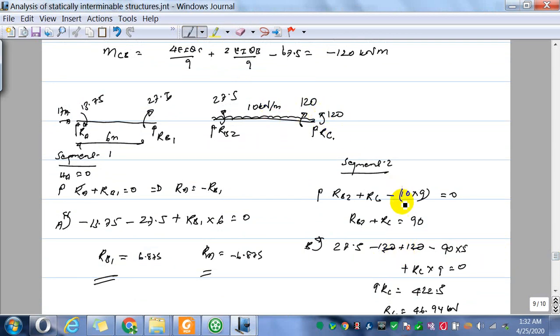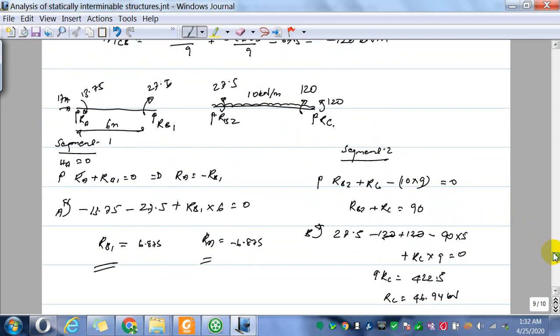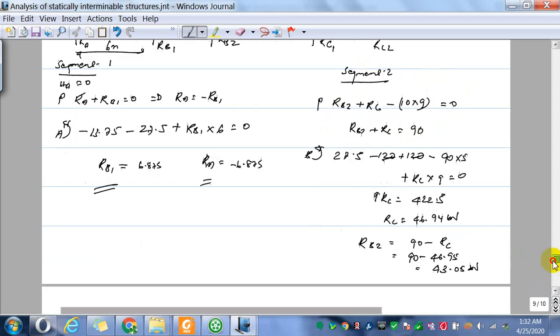Actually this moment is wrong here, so let me correct that as well. So this is a correction on the slope deflection equation.